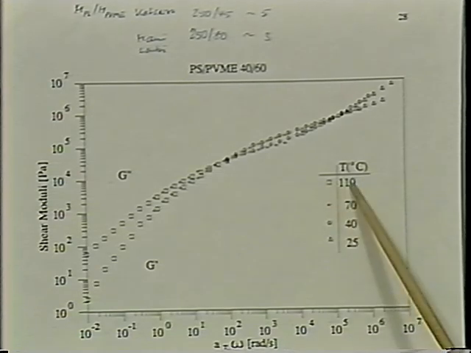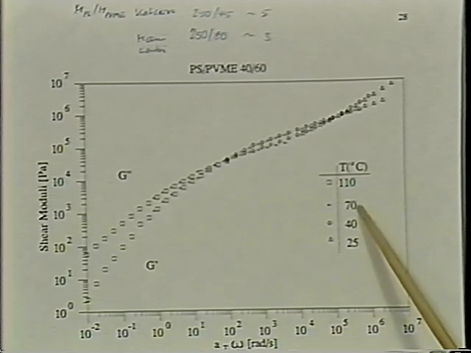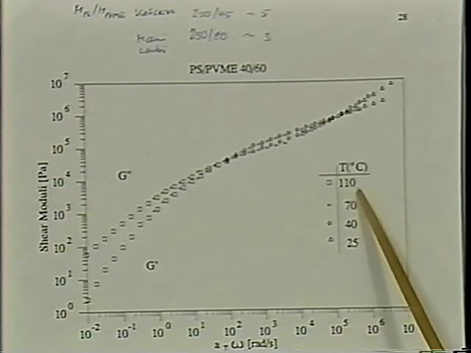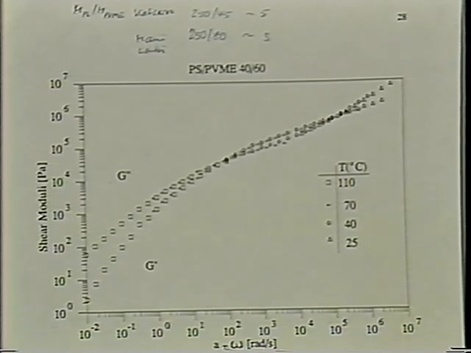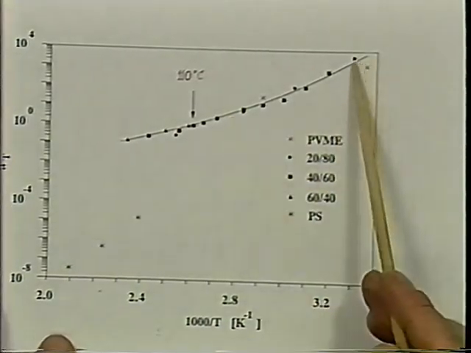In this case, we actually have some data at 110 degrees, but data have been taken at temperatures below. All data were taken in the single phase region. So this is without phase separation, what you're seeing here. We are moving up to the coexistence temperature, which is close to 110 degrees C. Now, the shift factor has been determined in those cases for high temperatures for the polystyrene and low temperatures for the PVME and for the blend.